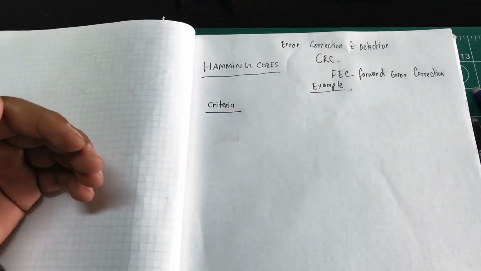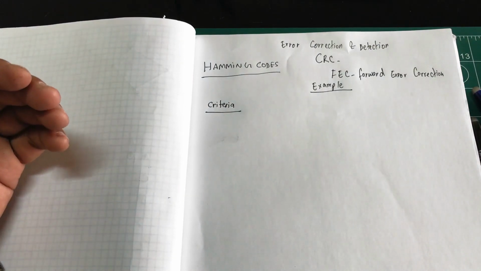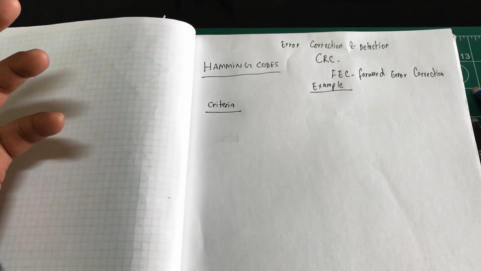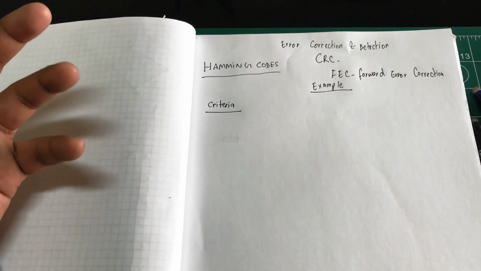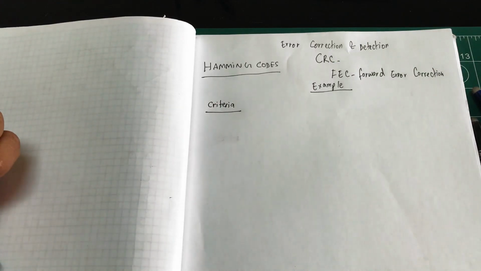I'll have data bits that I'm transmitting, and I'm going to add some bits to it, called Hamming bits. These Hamming bits will let me know if I have an error, and if I do, how to correct that error at the receiving end without asking the sender to resend the data.